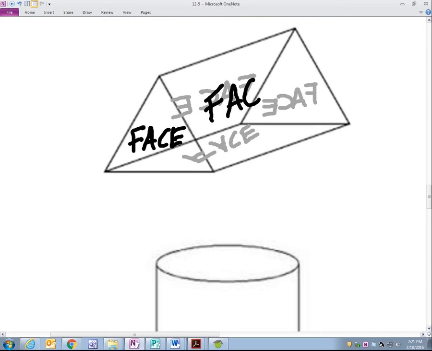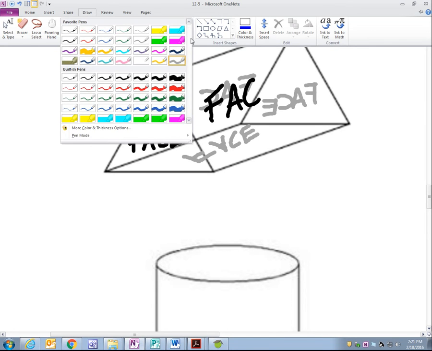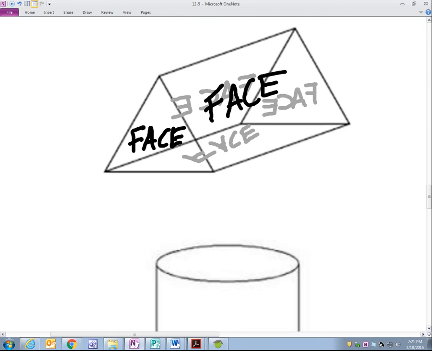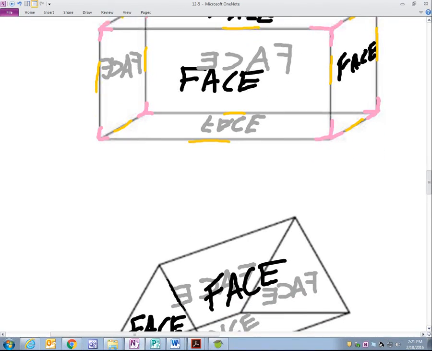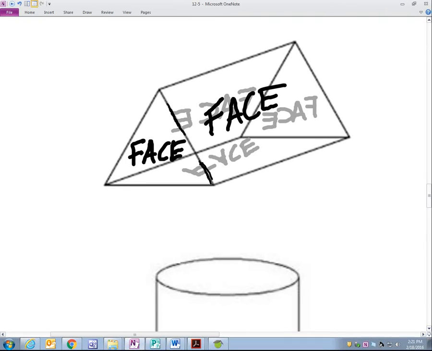Geometry is a math. Here, I added some more black lines so you can see. So those are the faces.